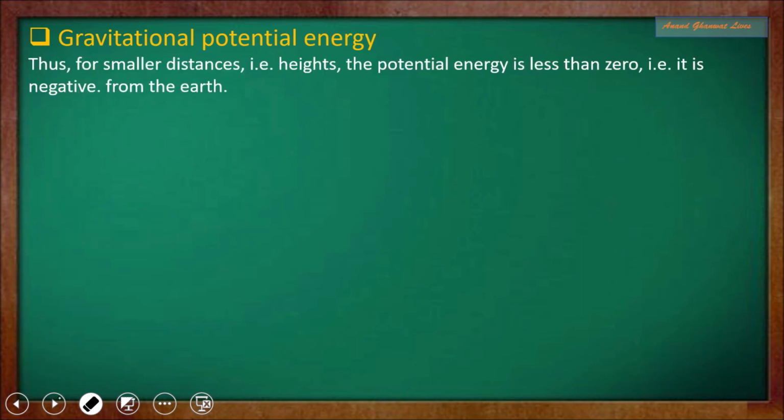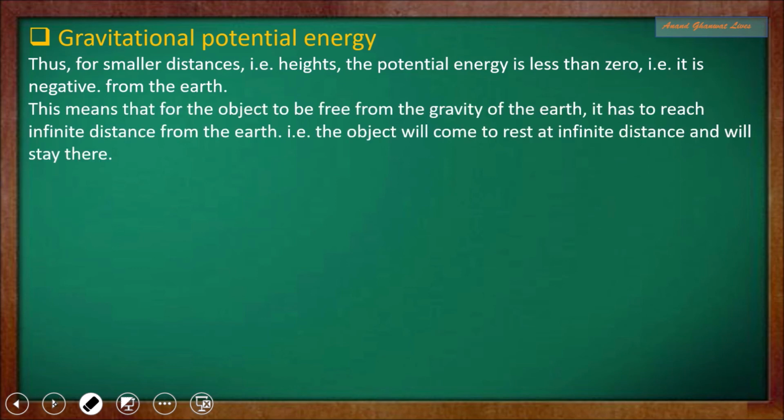Thus for smaller distances, that is heights, the potential energy is less than 0, that is it is negative. This means that for the object to be free from the gravity of the earth, it has to reach infinite distances from the earth. That is, the object will come to rest at infinite distances and will stay there.